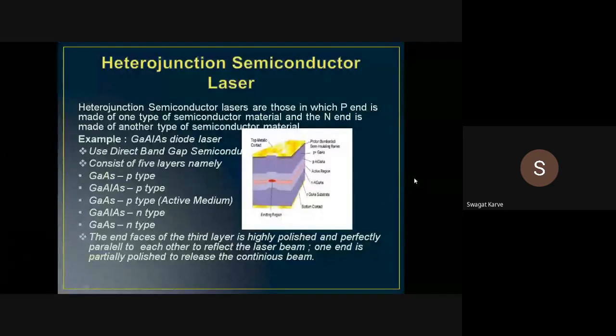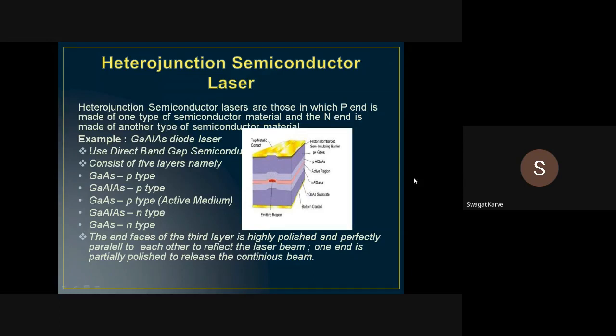So the photon emitting capacity of this heterojunction semiconductor laser is obviously more than the homojunction semiconductor laser. And why this? Because unlike homojunction, this type of semiconductor laser has two different junctions. Right? In homojunction there was only one junction, and because of the recombination radiation, photons get emitted by the stimulated emission process.